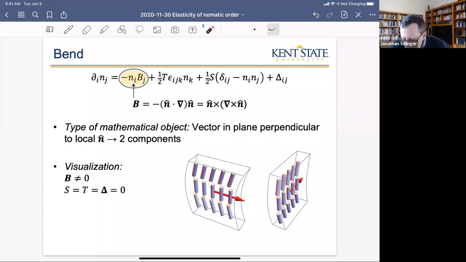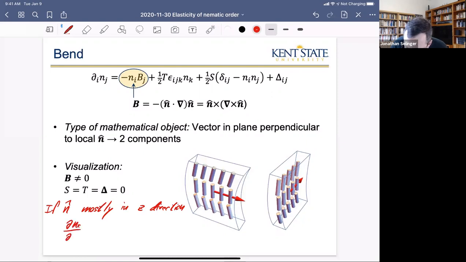That is to say, if n is mostly in the z direction, then we could look at how n_x depends on z, and how n_y depends on z.